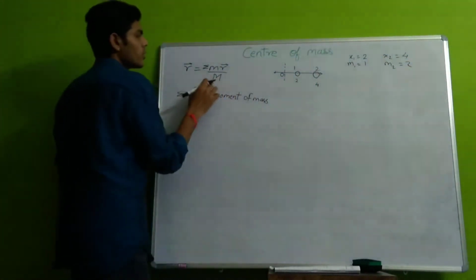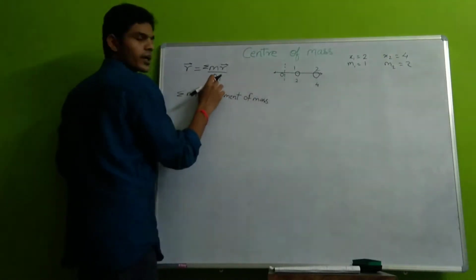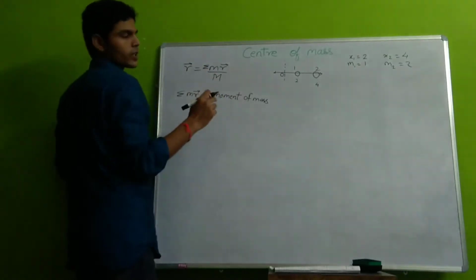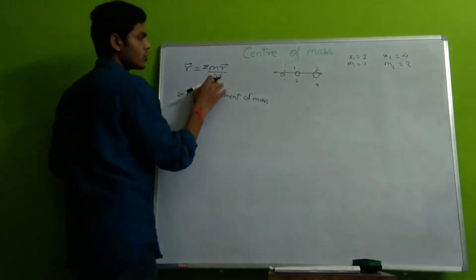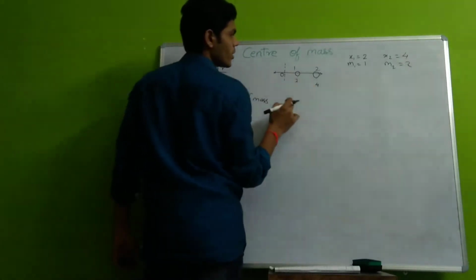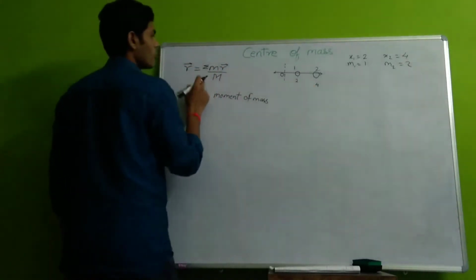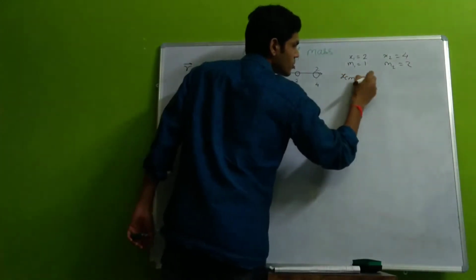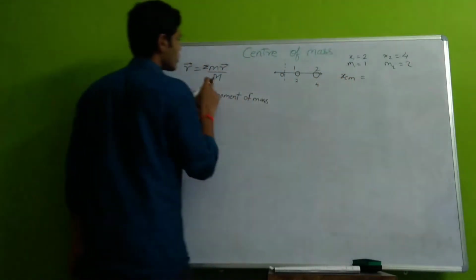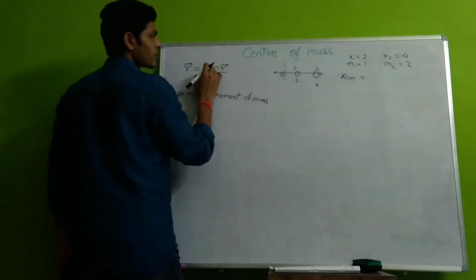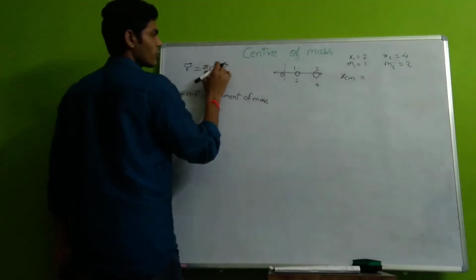In this formula, this capital M is basically the total mass of the system or net mass of an object. If it is a non-uniform body, this is the total mass of that body. Now we have two bodies, and we can find the center of mass using this formula. So xcm, the position of center of mass, equals the summation of the product of mass and distance from the origin, divided by the summation of mass.